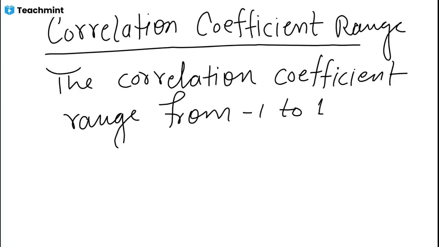That means we'll always find the value of the correlation coefficient between -1 and 1. It cannot be less than -1 and cannot be more than 1.